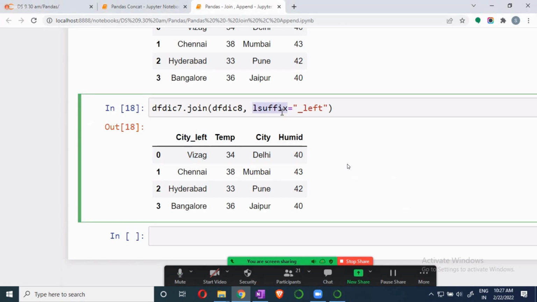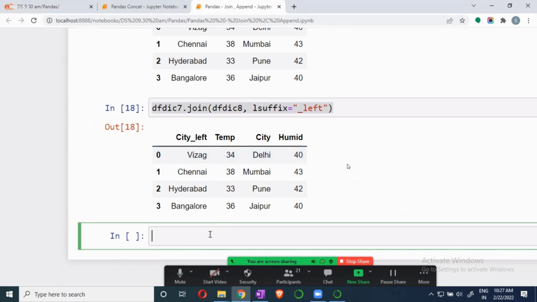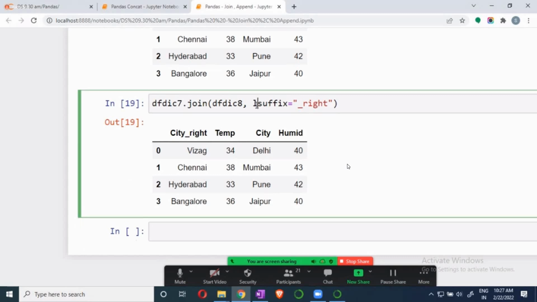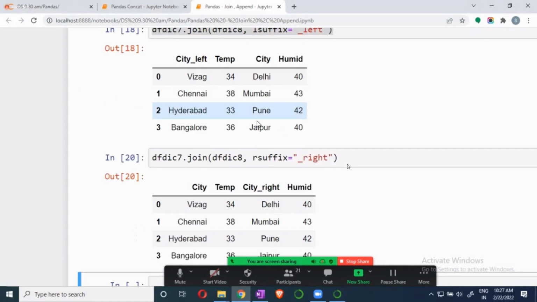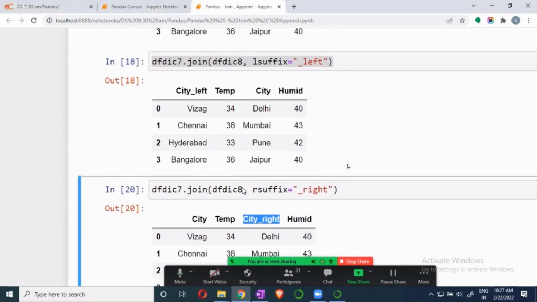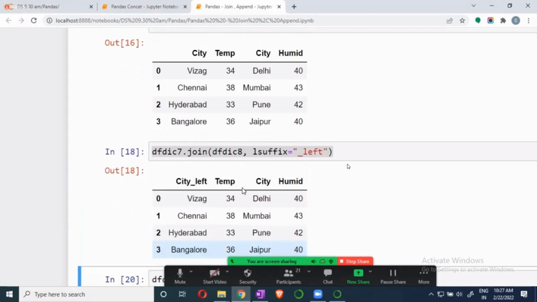Now you can give the right suffix also. Right. Okay, sorry, this should be R. Then you will get it right. Okay, clear? Now, this is the way you will be using it, that is left suffix and right suffix. Only this is there, guys.